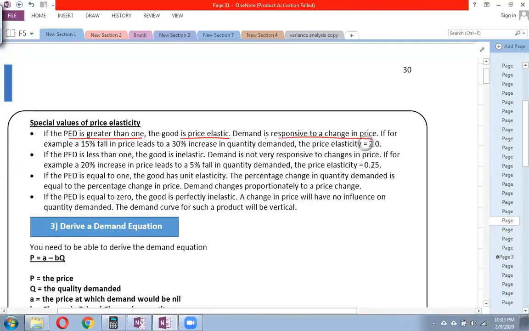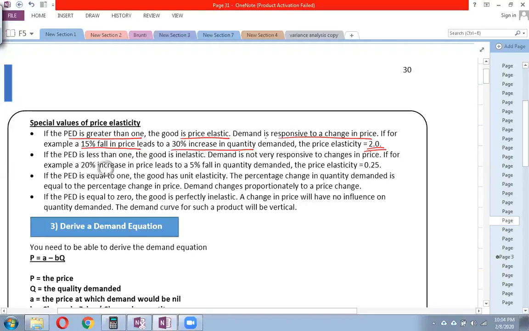If you increase the price, demand will reduce. For example, a 15% fall in the price will lead to a 30% change in the quantity. What does that mean? Your price elasticity of demand will be 2. So if you reduce the price by half, demand will double.